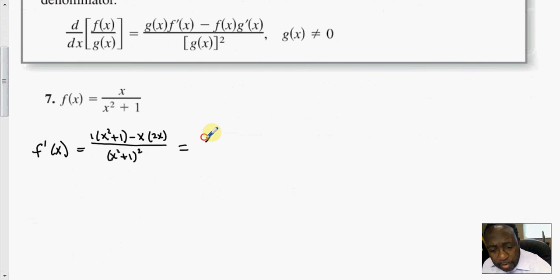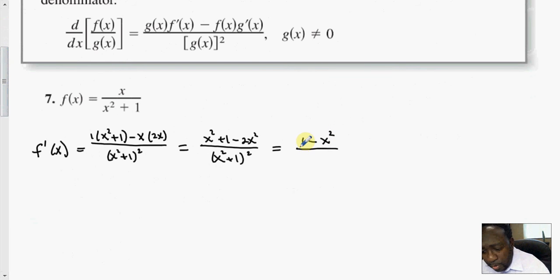So this gives us x squared plus 1 minus 2x squared all over x squared plus 1 to be squared. We simplify this. This is 1 minus x squared all over x squared plus 1 all to be squared.